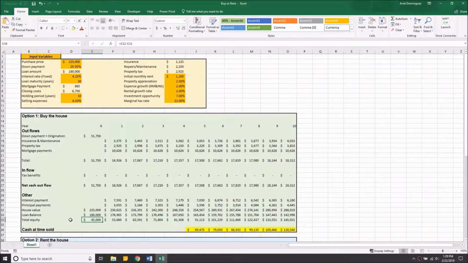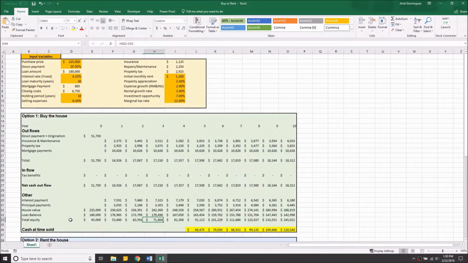Now, the equity in a property is just the home's value minus the loans attached to that property. So in this case, if you purchase a property and it's worth $225,000, but you owe $180,000, you only have $45,000 in equity, or $45,000 that you can take out if you were to sell the property.